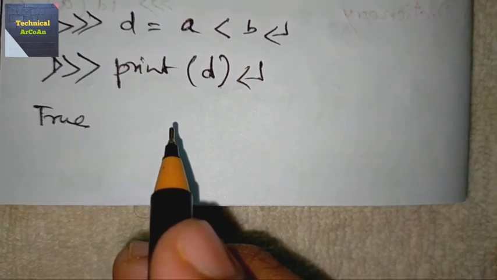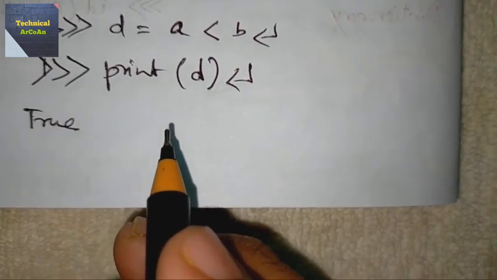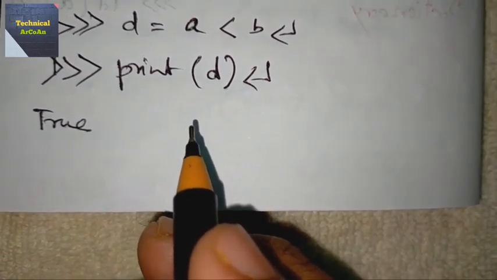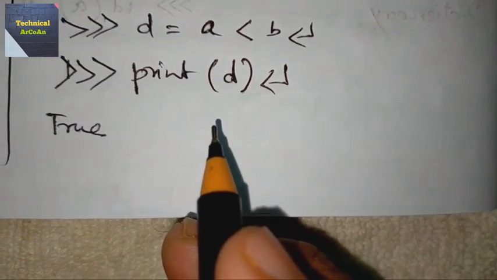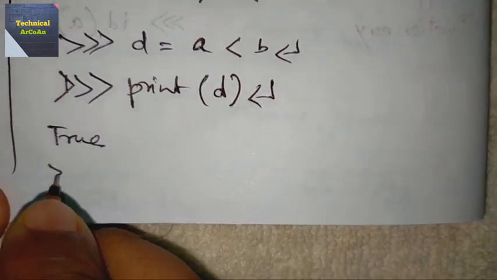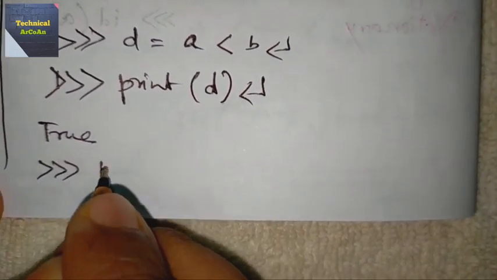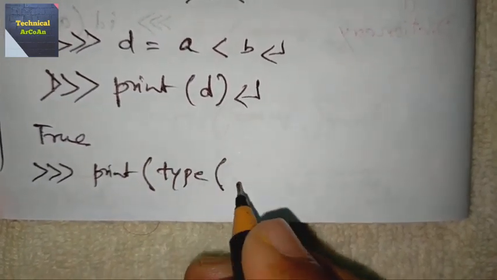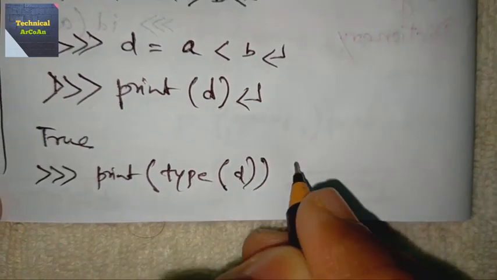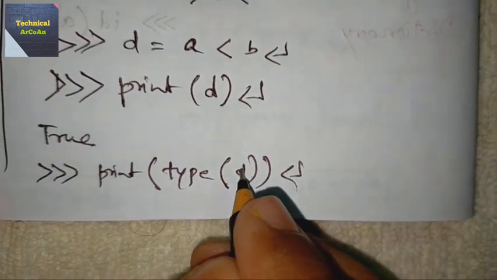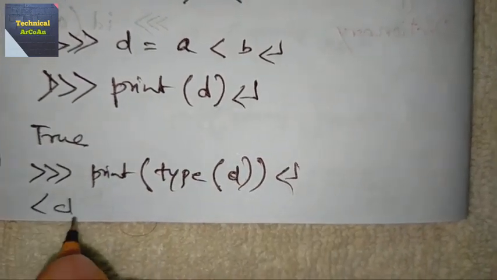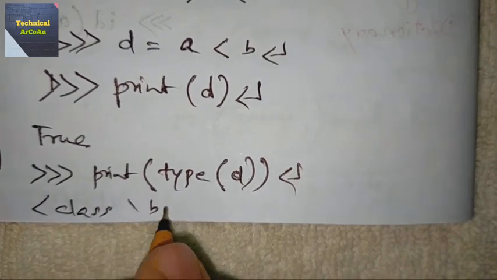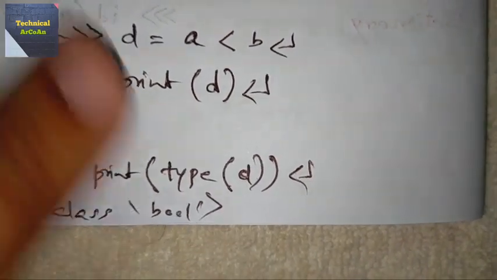In Python, a Boolean data type has two values: one is true and another is false. And if we print the type of the variable d, we get as output class bool, meaning it is a Boolean type.